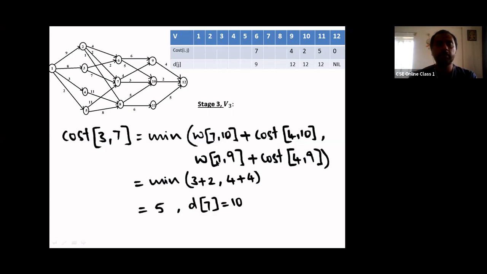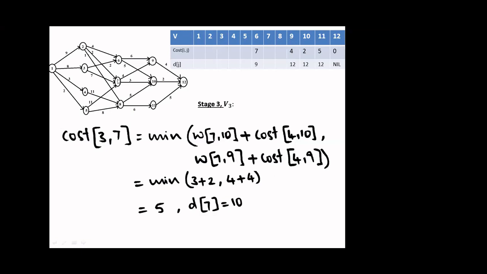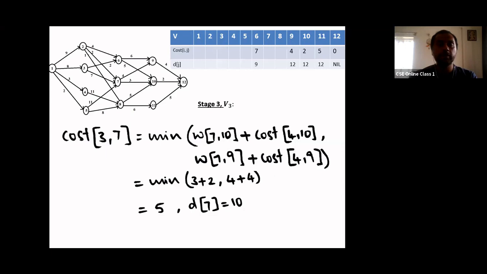It is originating from vertex 7 to vertex 10, then vertex 10 to vertex 12. So this path has a total value of 5. Therefore, after 7, it has to reach vertex 10. So D of 7 becomes 10.